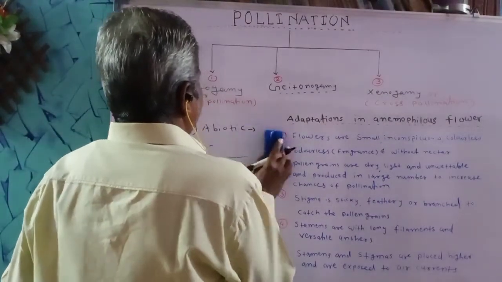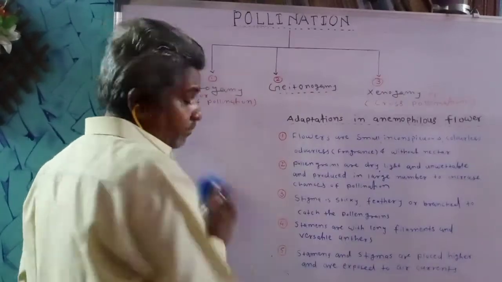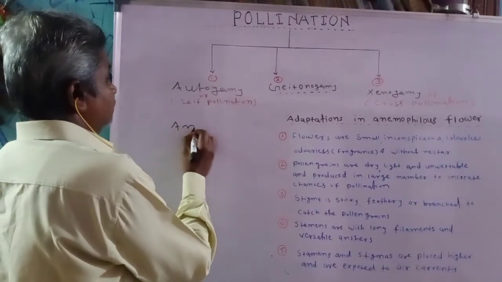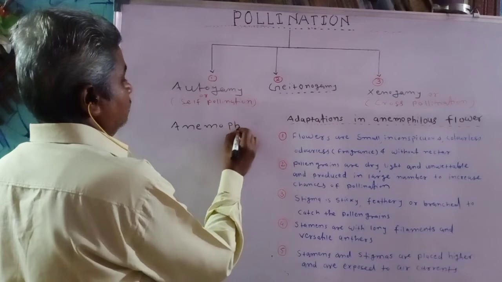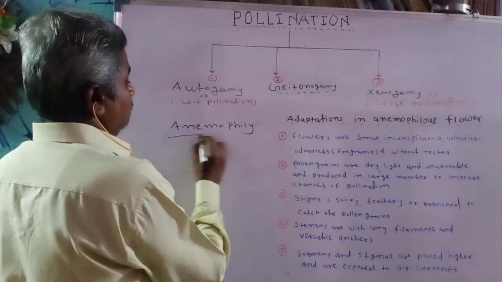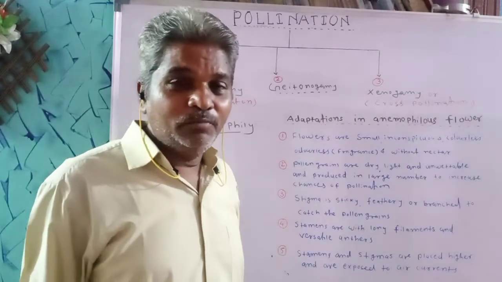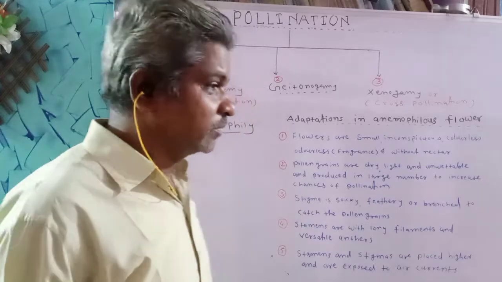Now, the pollination which takes place with the help of wind is called anemophily. So what is anemophily? Transfer of pollen grain from anther to the stigma occurs through the wind.